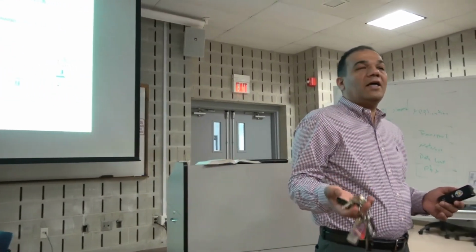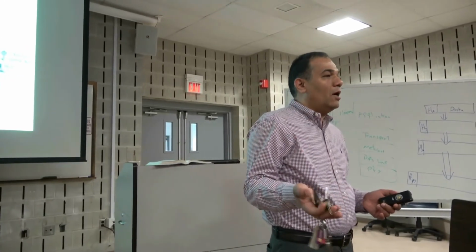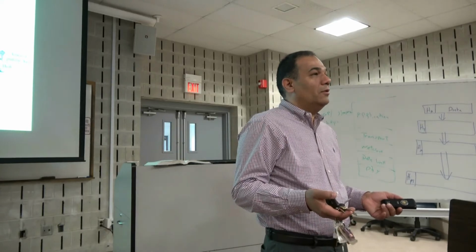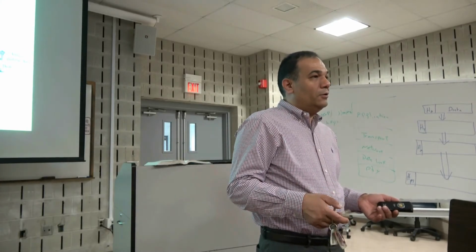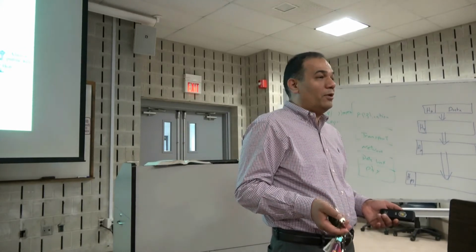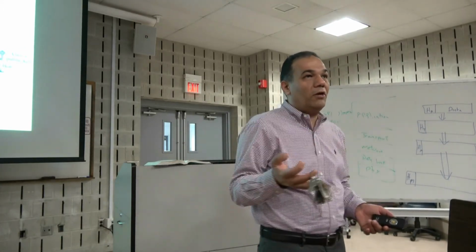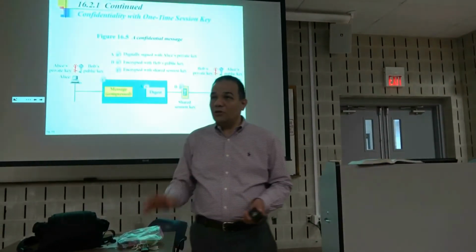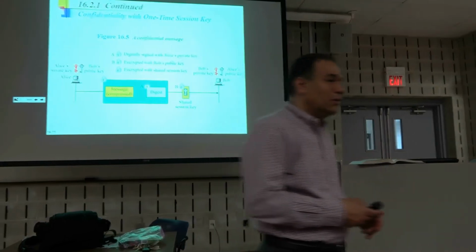What if I know 1 million people? How can I maintain a ring of public keys for 1 million people? You don't want that. For every email you send, you'd spend half an hour looking for the public key. So we're going to talk about rings now, how to have rings. You understand the idea?